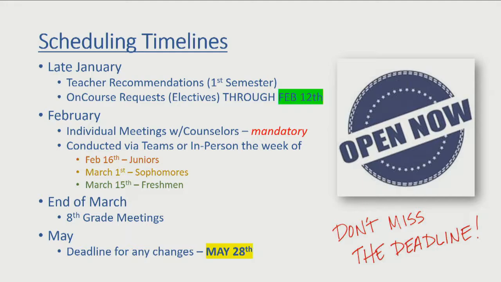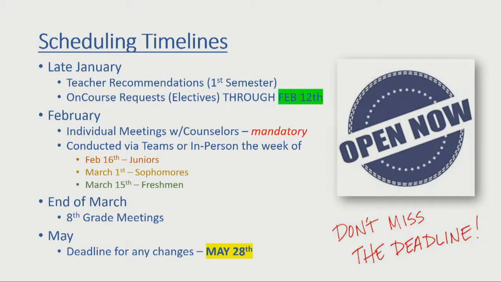In May, the deadline for any change requests is going to be May 28th. So we'll distribute all course listings to students in early May. Each student, each family will have an opportunity to review the courses for next year and then request any changes before Memorial Day weekend. So May 28th, that is our deadline for change requests.